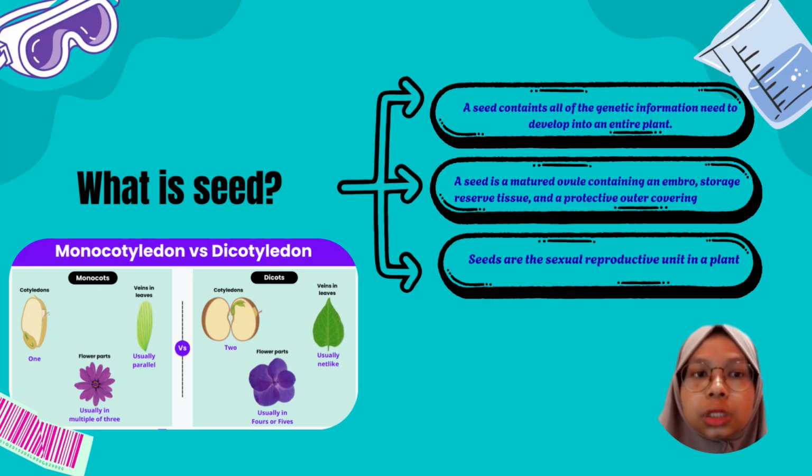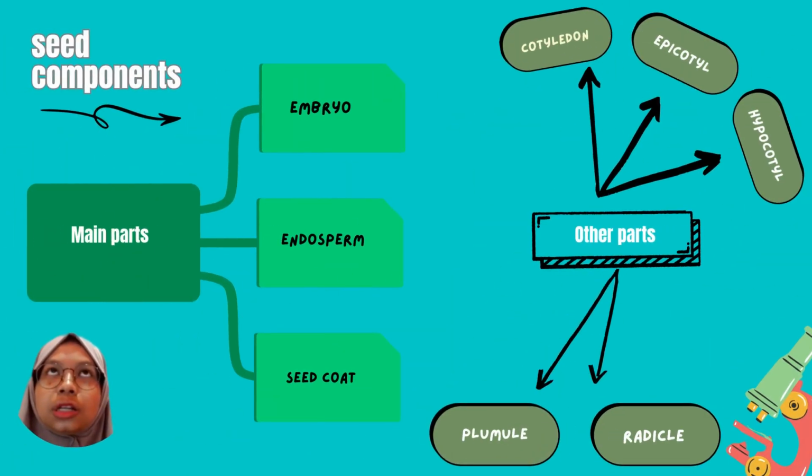The genetic material determines the characteristics of the next plants, food storage provides nutrients for early growth, and lastly the protective layer helps the seed survive until germination. Seeds allow plants to adapt and survive in different environments because they can remain dormant for a long period until conditions are right for growth.